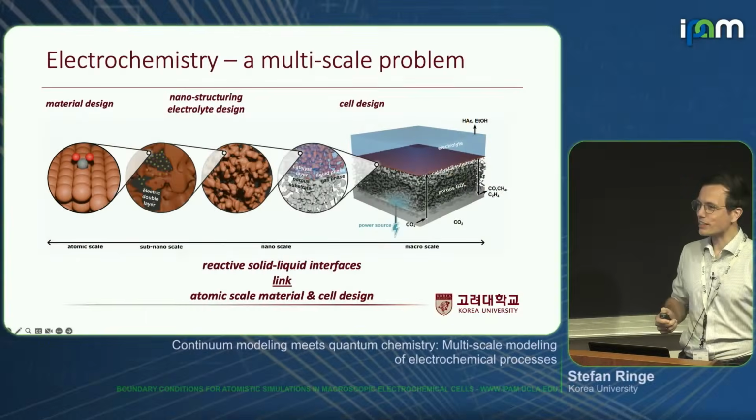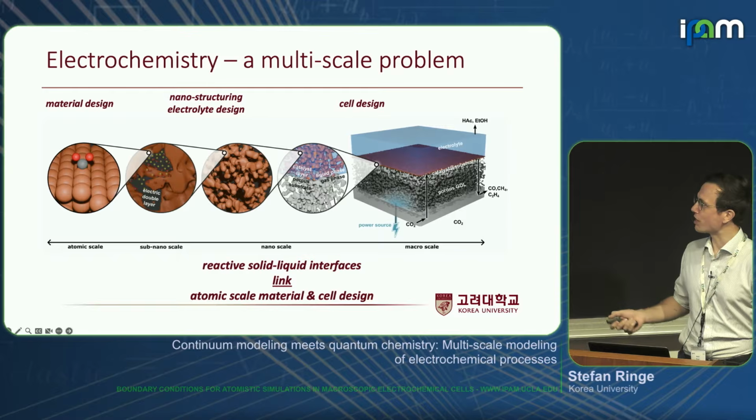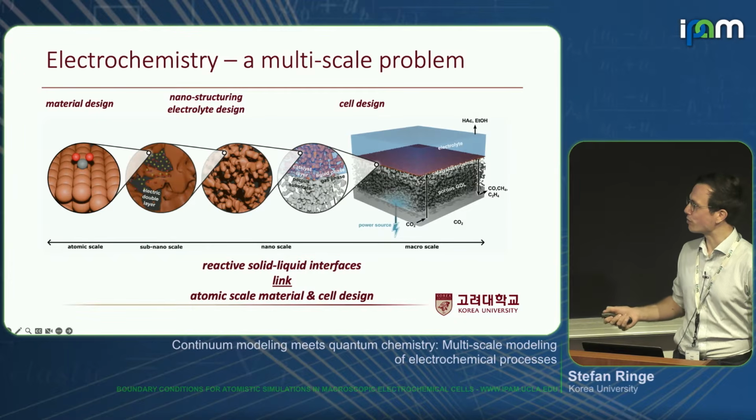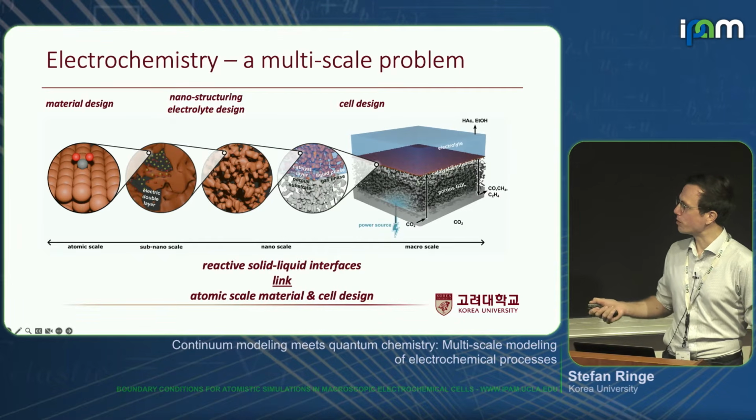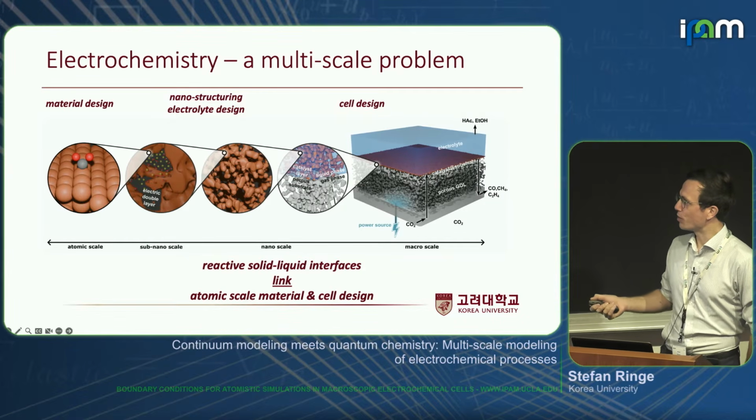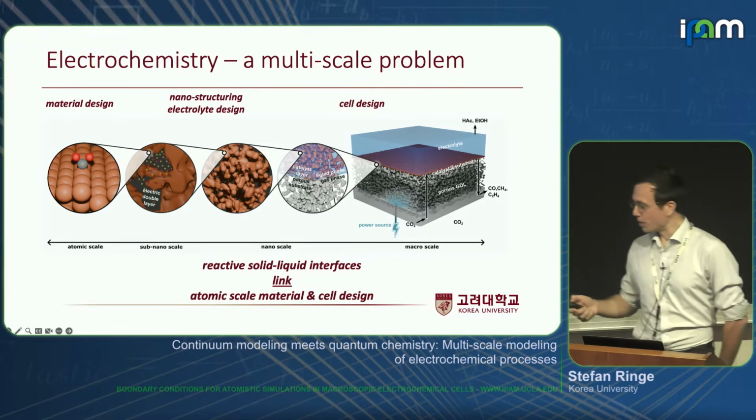So I really like this long program because it tries to tackle all the different scales of electrochemistry, from the material side to the interface to the multi-scale modeling side, and that's exactly what we are trying to do as a group.